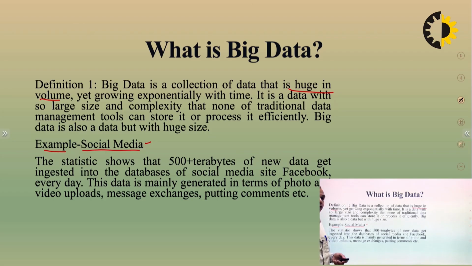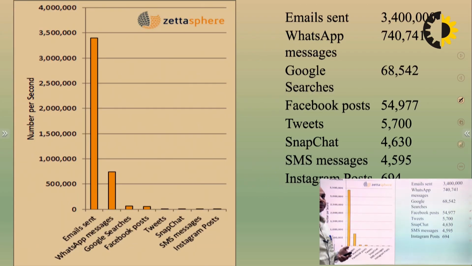We produce a large amount of data every day using Facebook: we upload videos and images, exchange messages, someone comments, and someone likes that post, video or photos. So we produce a large amount of data day to day.